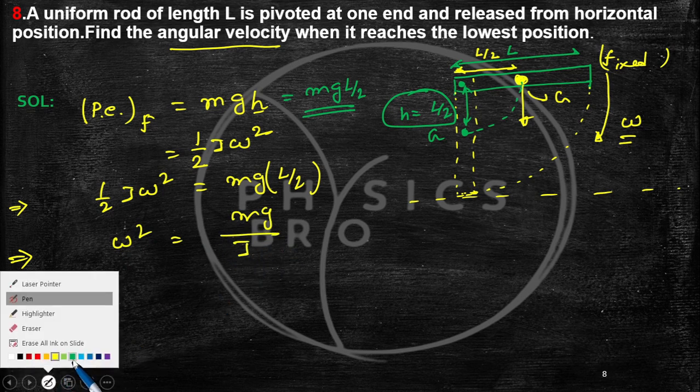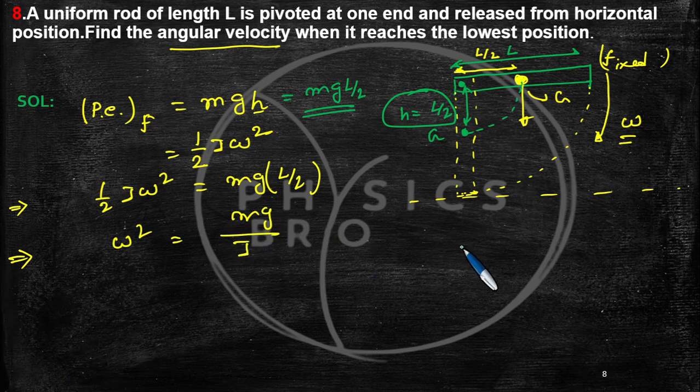Okay, but this I can be calculated because this is a uniform rod. So I for a uniform rod is 1 by 3 m L square. This is a different thing than the G. You cannot take the L by 2 here because the length of the rod is L, and the moment of inertia depends on L, because we are fixing at this end point.